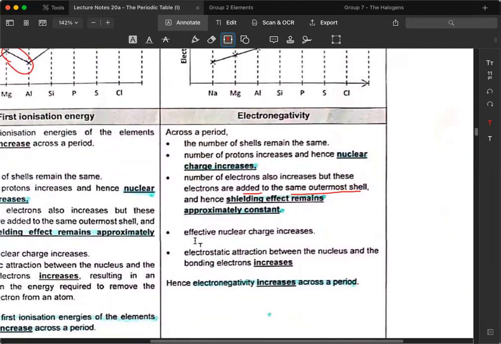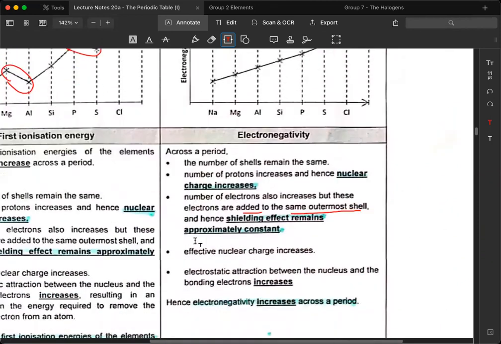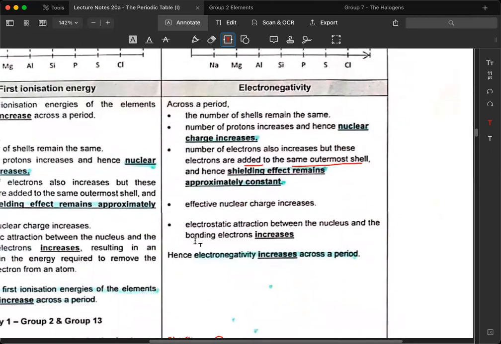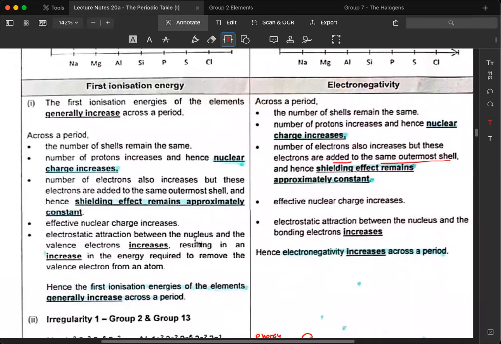So the electrostatic attraction between the nucleus and the electrons being bonded increases, so the electronegativity will increase. Electronegativity is defined as the extent of attraction of the nucleus on the bonding electron. If the attraction to the bonding electron is stronger, that will result in an increase in electronegativity.